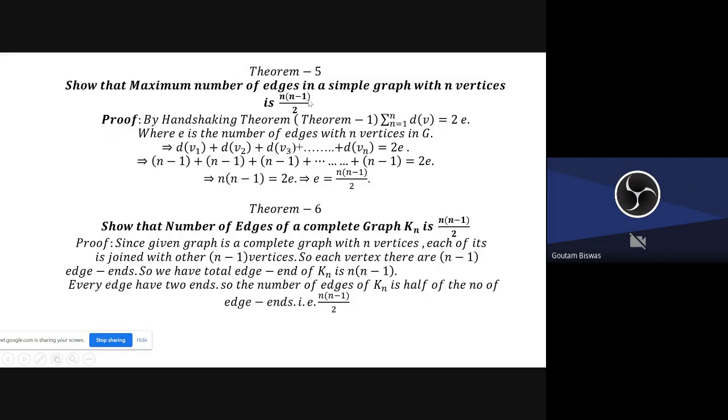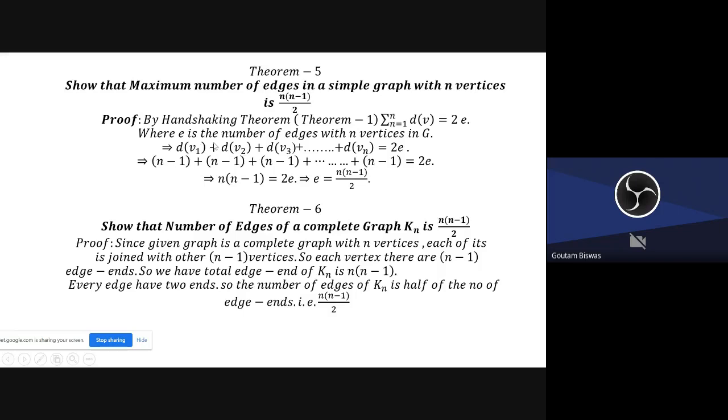Next, there is one theorem: the maximum number of edges in a simple graph with n vertices is this one. The handshaking theorem tells us that the sum of the degrees of vertices of a graph is twice the number of edges. Okay, so here the summation of d(v) over v1, v2, v3 up to n is equal to 2e.